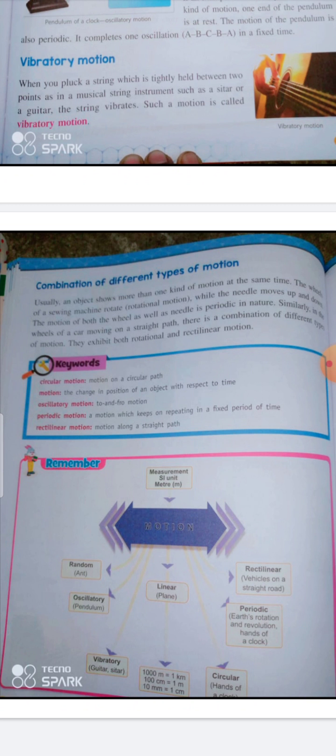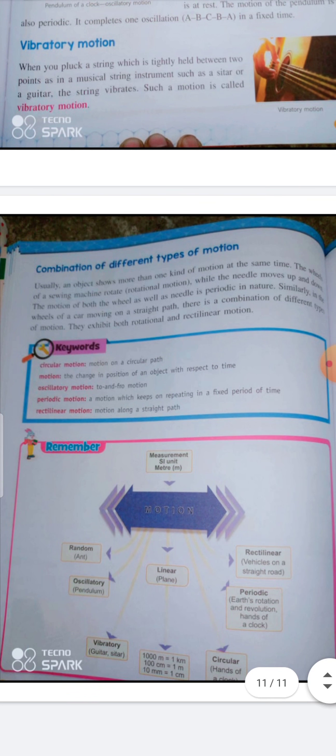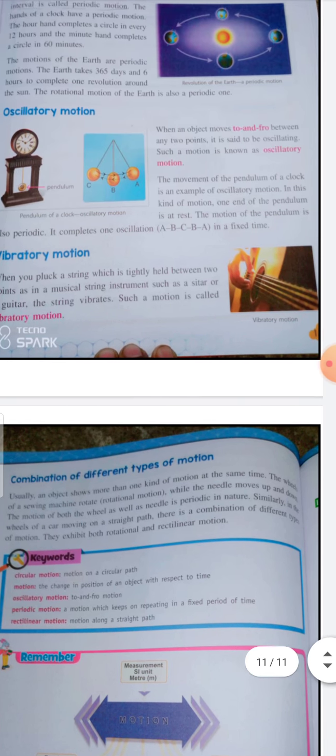Similarly, we discussed the wheel of a car. It performs two types of motion: rectilinear motion and rotational motion.